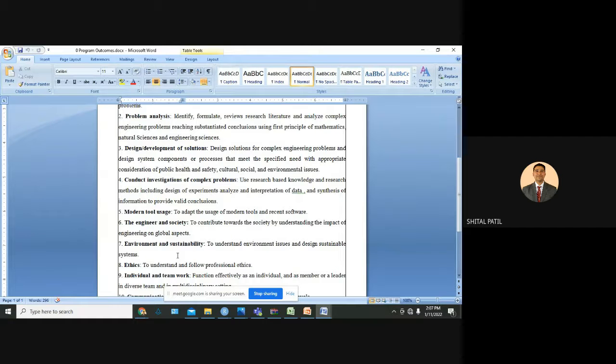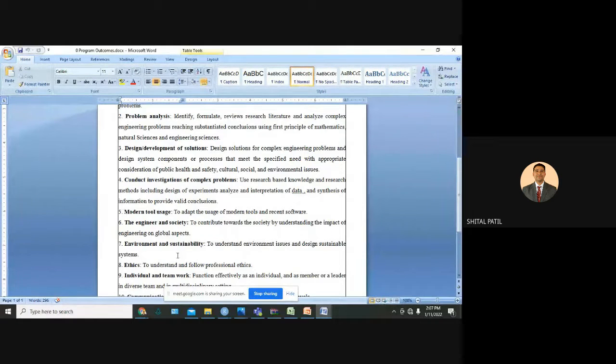Some attributes should be there when a student graduates or completes engineering, so that whenever they come for MS in the US or anywhere in the world, all students will be on the same level.